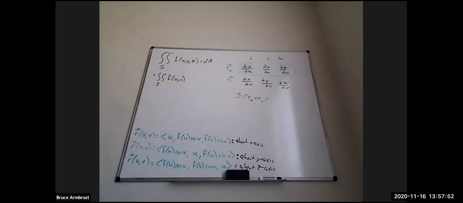It's just going to be f of uv, and then it's going to be multiplied by the magnitude of RU cross RV.